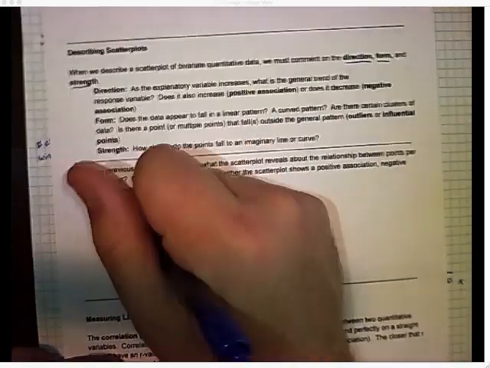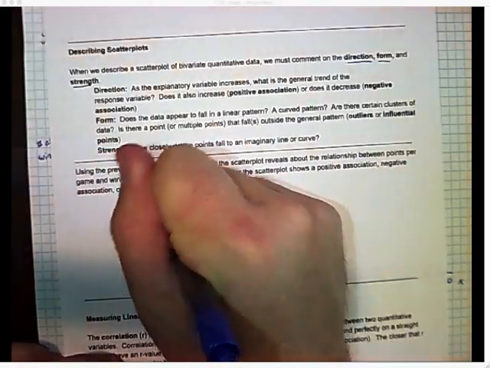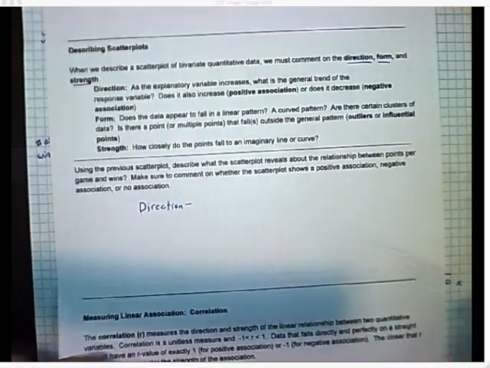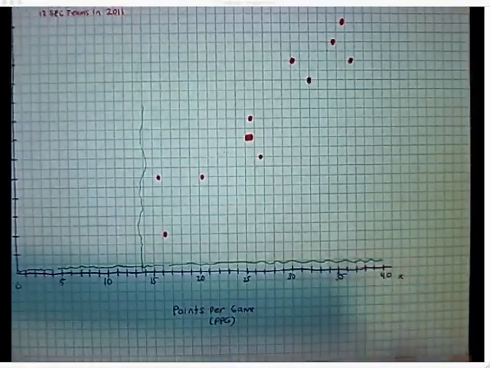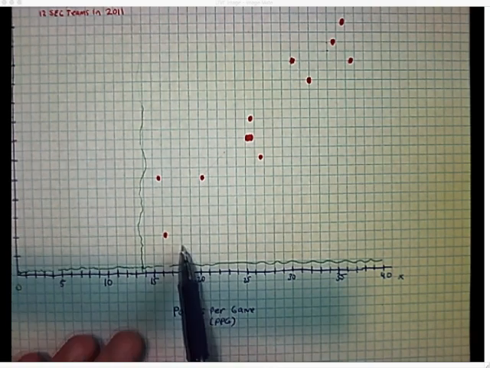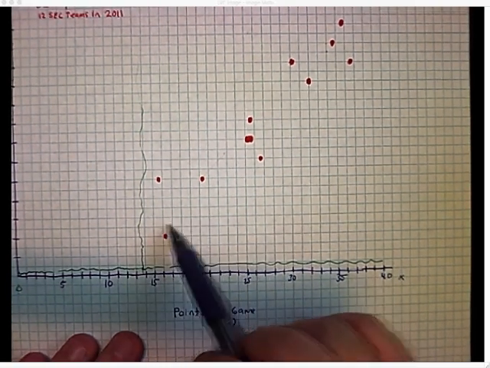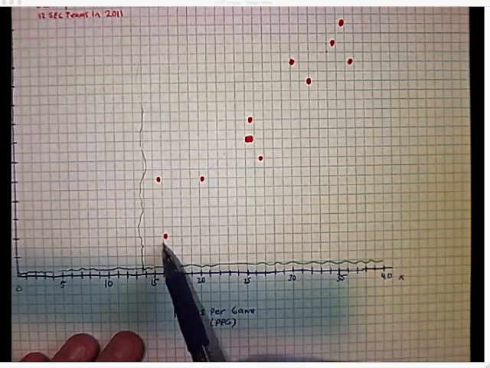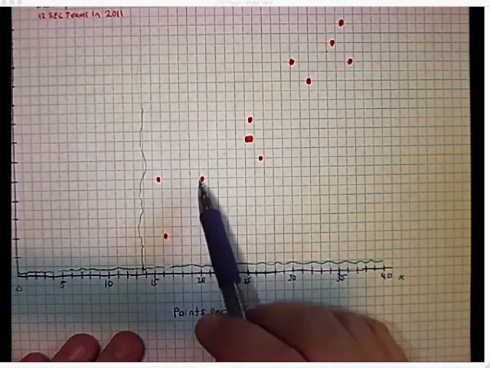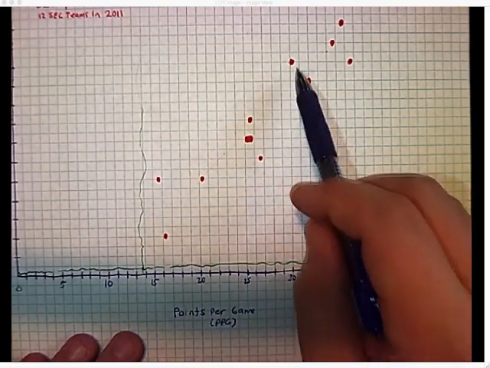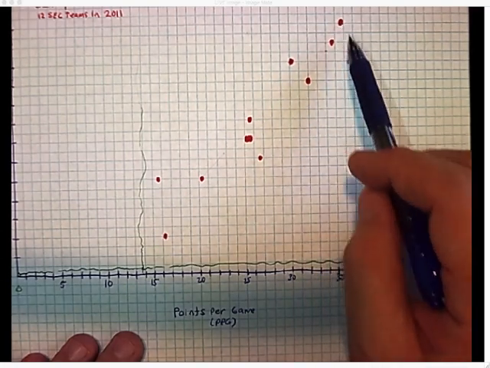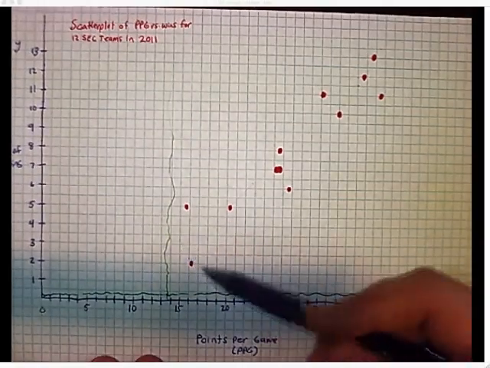So, for this example that we have, let's comment on the direction. We already kind of talked about that. What happens as points per game goes up? What's the trend here? As teams score more points, what's generally happening to their wins?